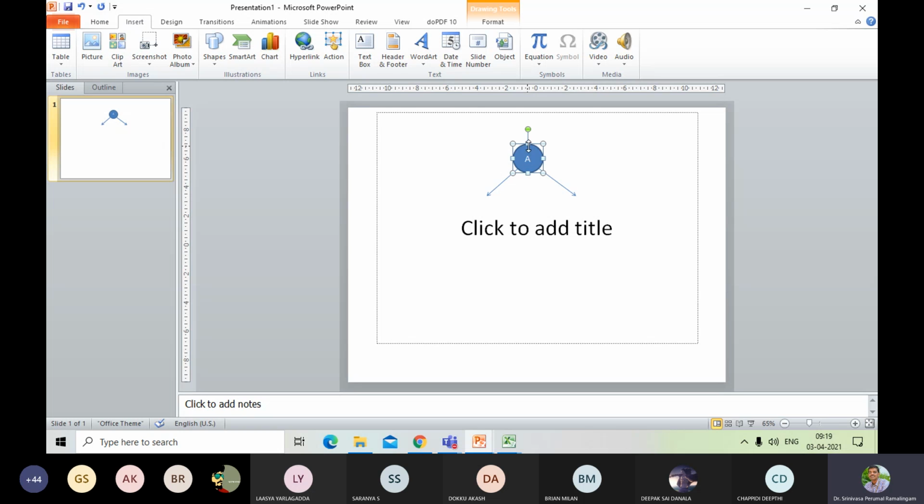From that, we are going to create n modules. This is B, this is C, for example.